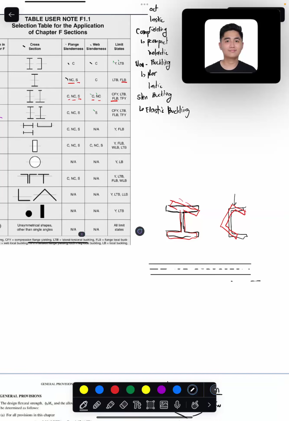Kung titignan natin ng top view, dahil dito sa warping na to, yung magiging deform shape niya ay magiging ganito. Magkakaroon ka ng sideways na motion. And kapag nagkaroon ng ganitong sideways na motion, this beam can no longer handle any flexure pa. Hindi na siya magko-contribute whatsoever sa flexure. Magiging unstable na tong beam na to.